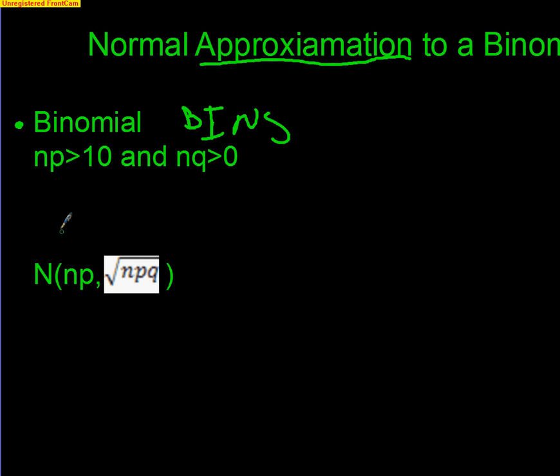And second, n times p is greater than 10, and n times q is also greater than 10. That's 10, not 1. Just write 10. When we do that, we approximate it as a normal distribution with mean np and standard deviation square root of npq. I'll give you a second to write that down.